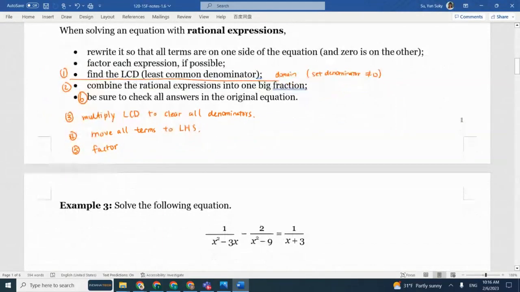First of all, let's figure out what is the least common denominator. Can we factor all of them? Look at the first denominator, x squared and 3x. What's the common factor?